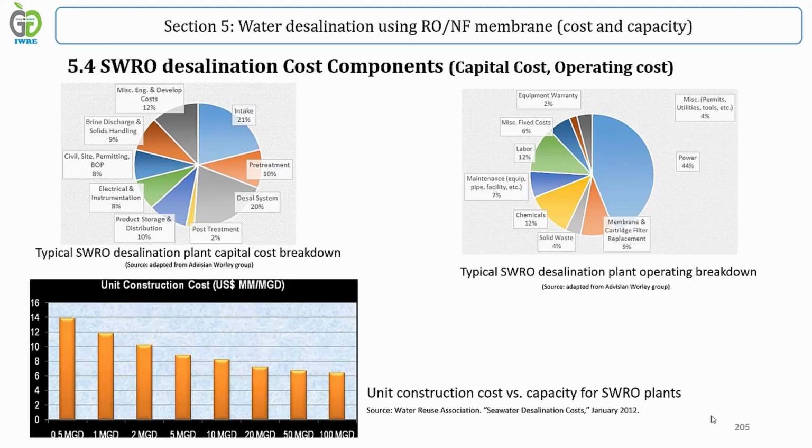In this slide, typical seawater reverse osmosis desalination plant capital and operating costs are presented.